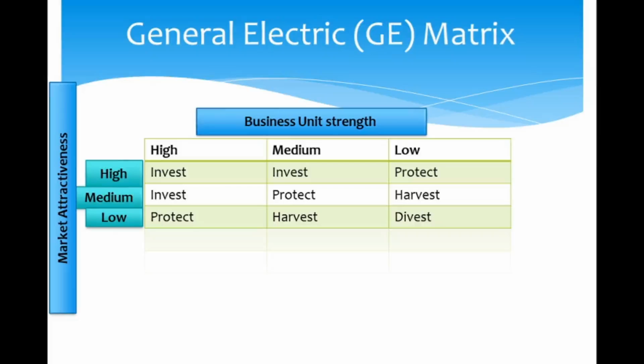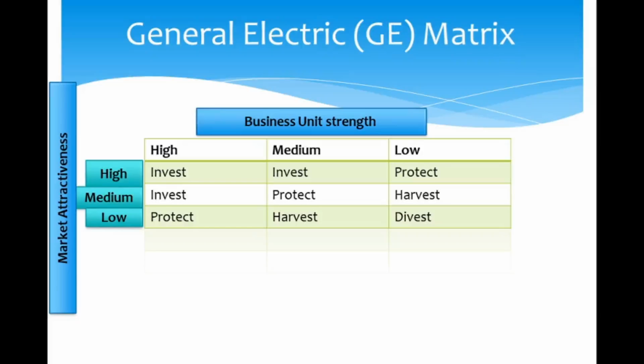In BCG there was market attractiveness and market share, but in this matrix we remove market share and take into consideration business unit strength, which includes a broader range of factors rather than just focusing on market share. Basically it gives you the competitive position of each strategic business unit.